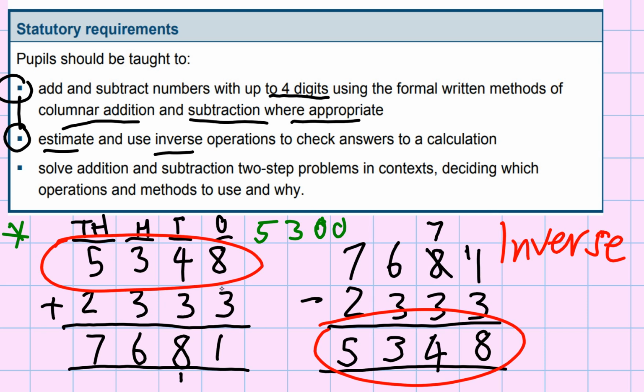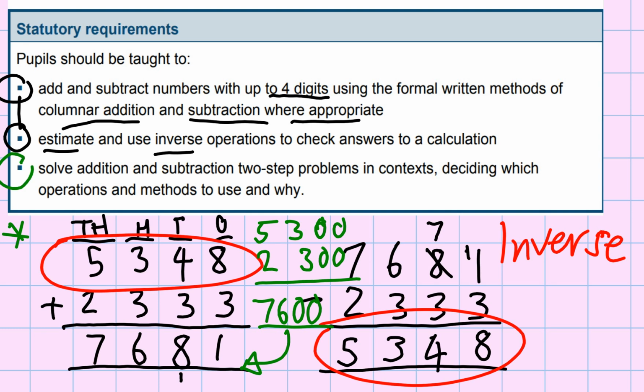And 2,333 rounded to the nearest 100 again is 2,300. So we look at rounding a bit more in our place value unit. And then if we added these together, we've got 7,600, and you can see that this answer is correct, even if we hadn't done this calculation before. But just from our rounding estimation, we know that we're looking for an answer that is around the 7,600 mark.